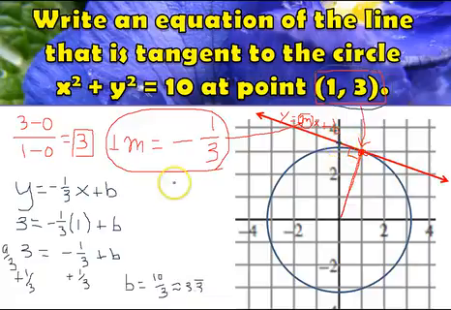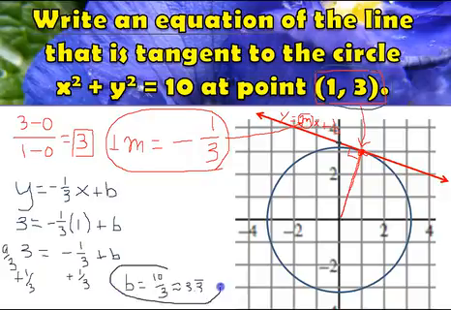That's cool. So how do I write this answer? Keep in mind what my answer is: I'm looking for the equation of the line. I'm almost done. I just have to take the y-intercept and plug it back in here, and then I'm finished. So let's write it.